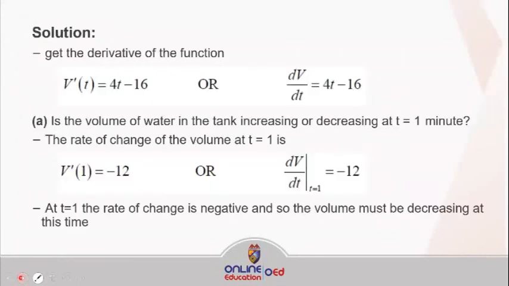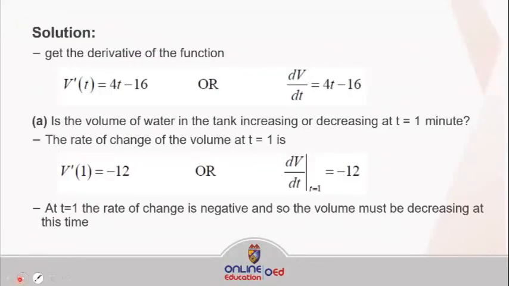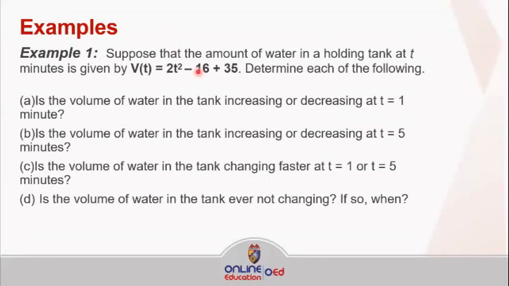So, first is we need to get daw yung derivative of a function. Again, balik tayo dito sa problem natin. So, derivative nito is 4t, kaya tayo nagkaroon dito ng value as 4t. And yung correction lang for this problem is, itong 16 is we have yung letter t.